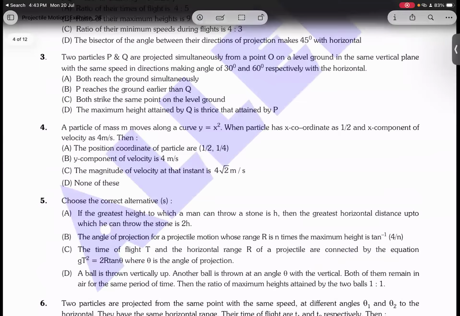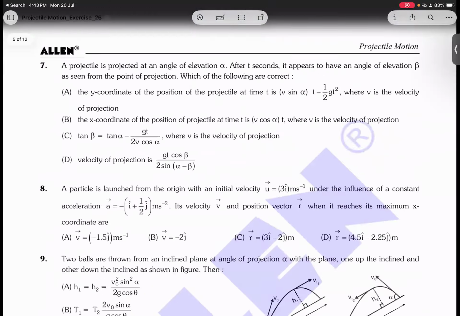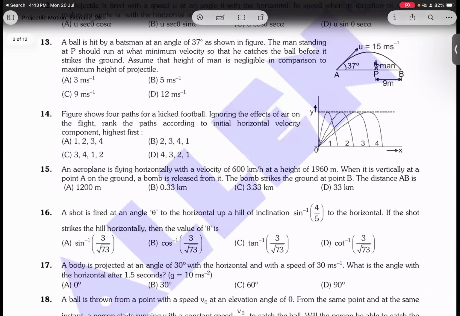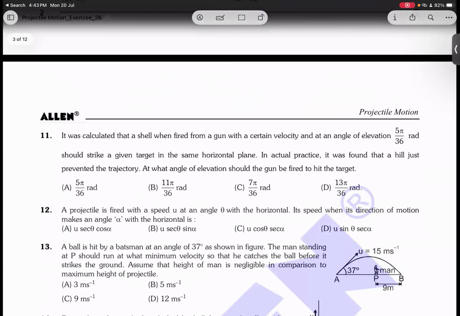Exercise 1, question number 11. This one, is something.